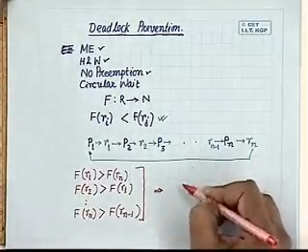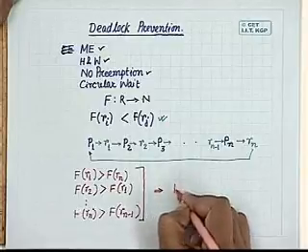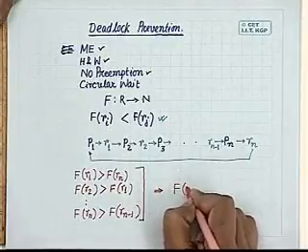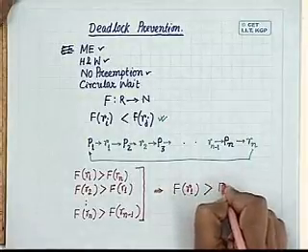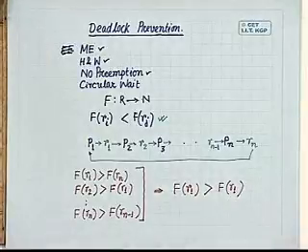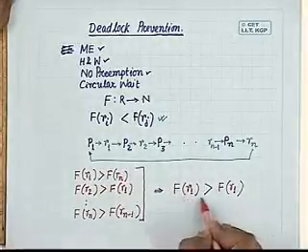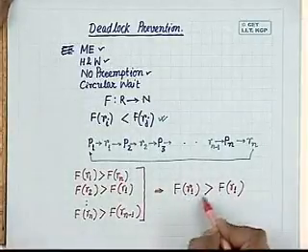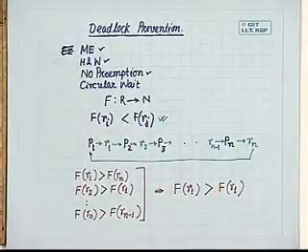And here, following transitivity, if you apply it to all these relations, it leads to a condition that f of R1 must be greater than f of R1, which is not possible.